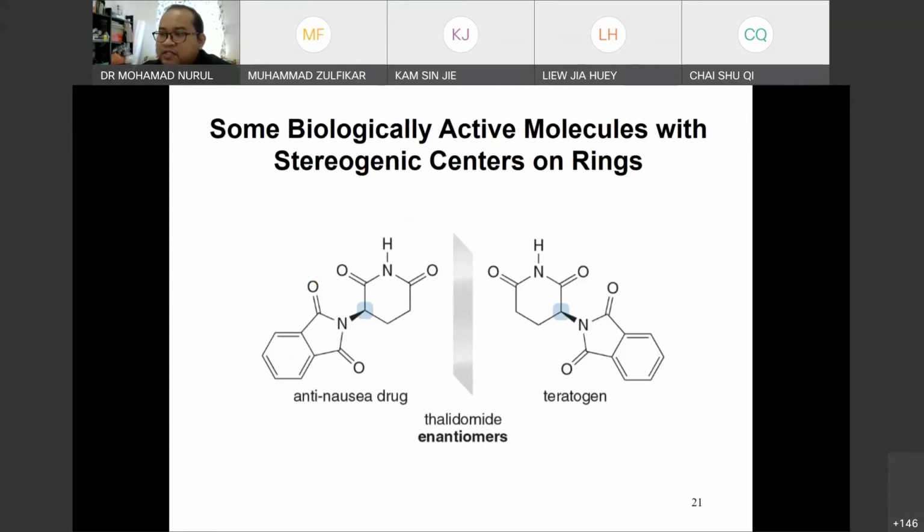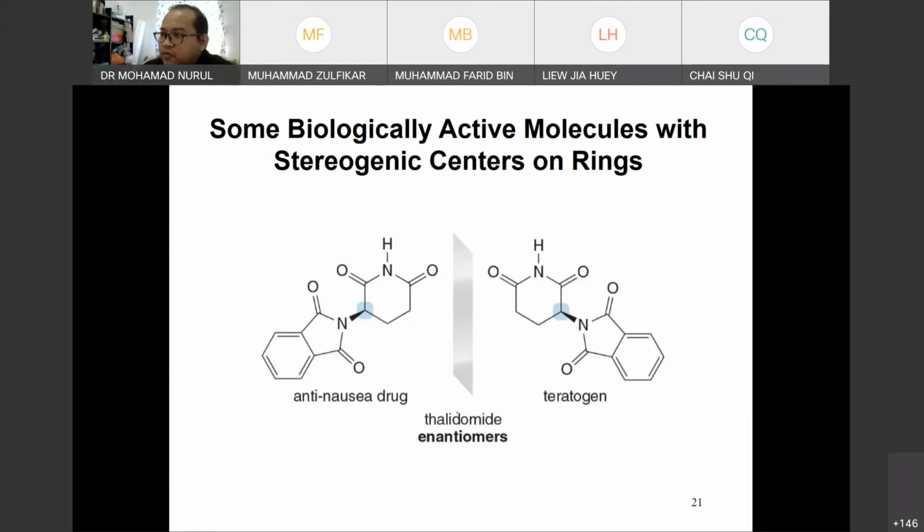These are thalidomide. This is an example. It is an anti-nausea drug, and the difference is this one.